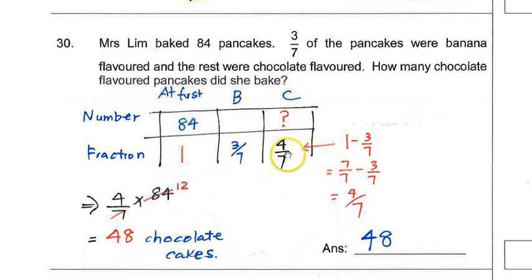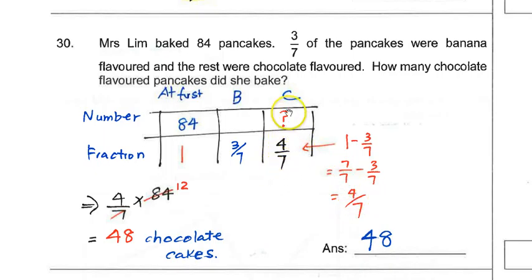Now to find this part, what is the fraction which is not given, the fraction of chocolate flavored pancakes? It is actually 1 whole take away banana, and you will have the fraction of chocolate. So 1 whole minus 3/7, 7/7 minus 3/7 is 4/7.